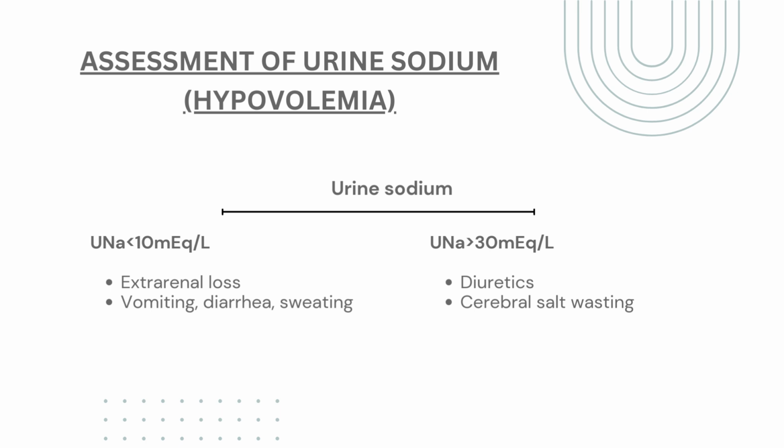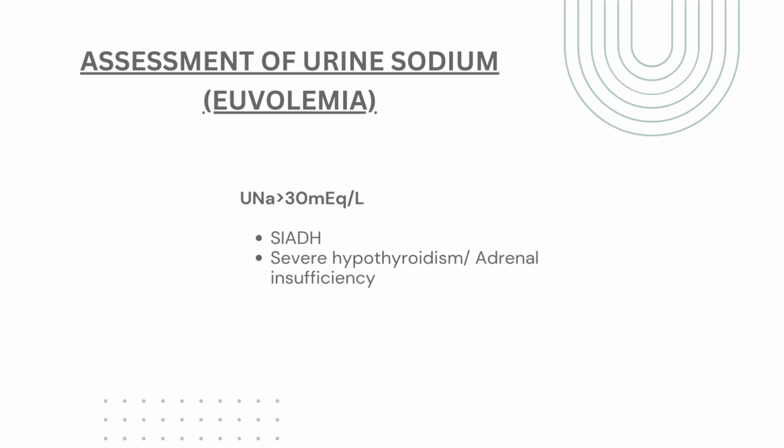So this sodium is lost not through the kidneys but from other sources, like extrarenal loss, like vomiting, diarrhea, and sweating. If hypovolemic patients have urine sodium more than 30, we can assume that the cause may be due to diuretics or cerebral salt wasting.